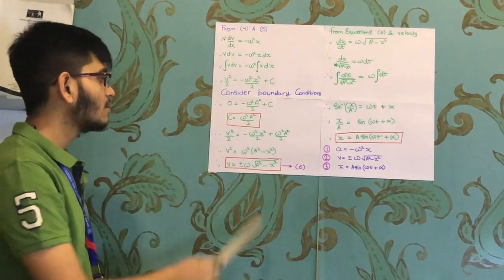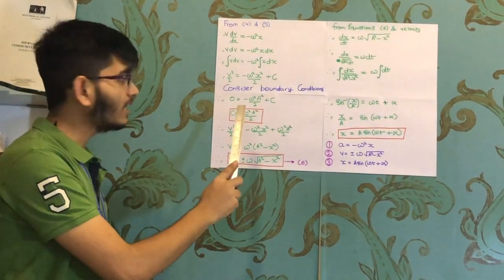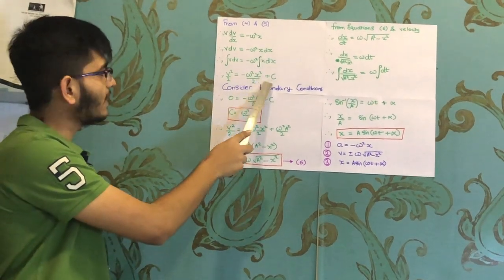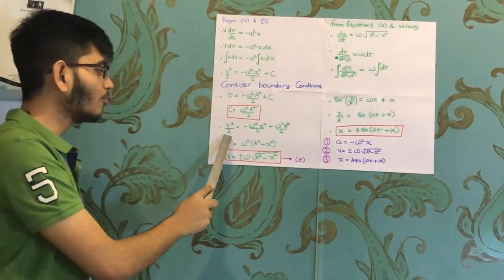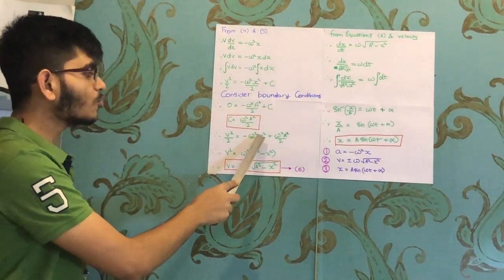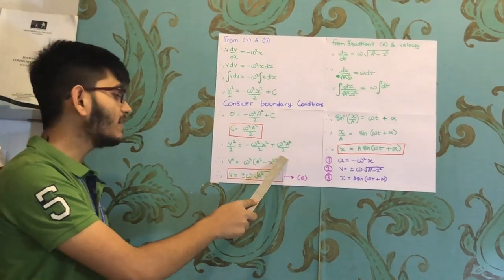Now resubstituting the value of c into the original equation, that is v square by 2 is equal to minus omega square x square by 2 plus c, we get v square by 2 is equal to minus omega square x square by 2 plus omega square a square by 2.